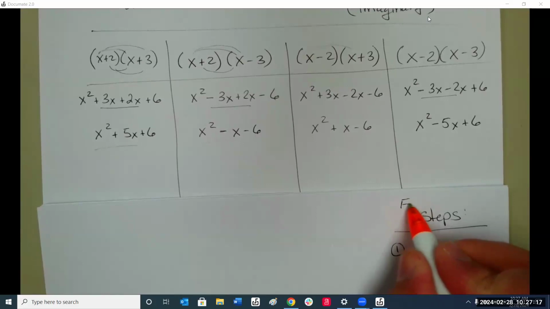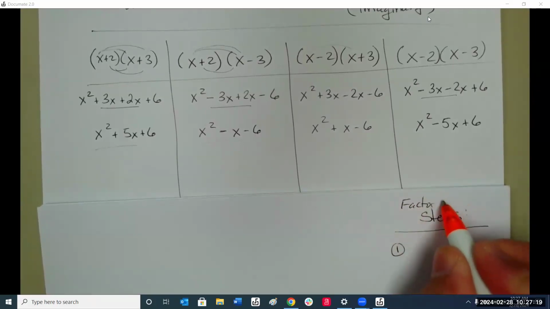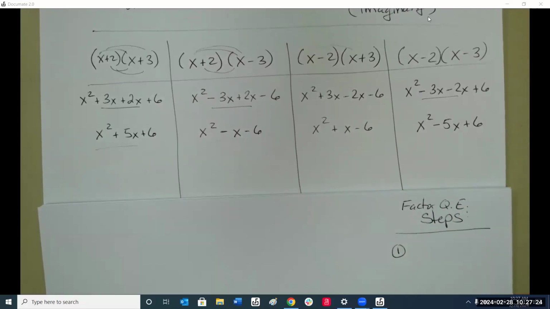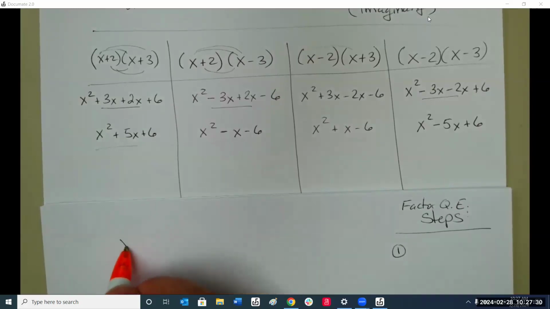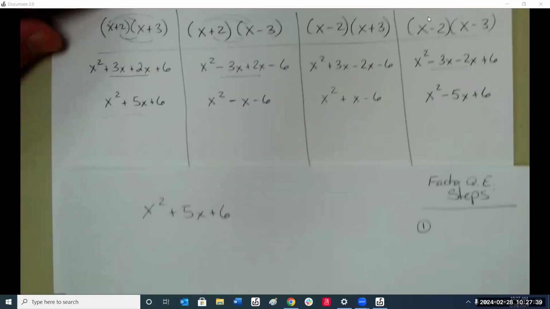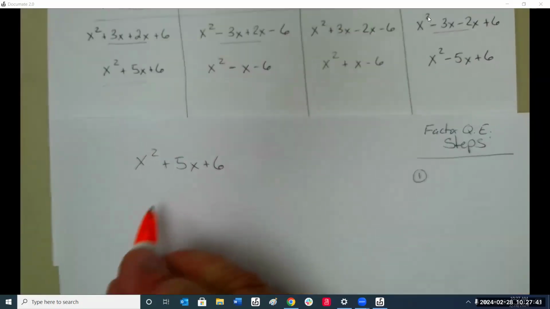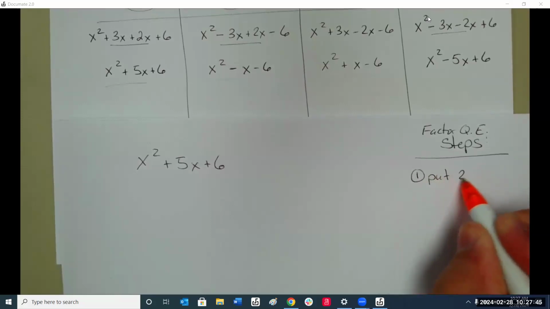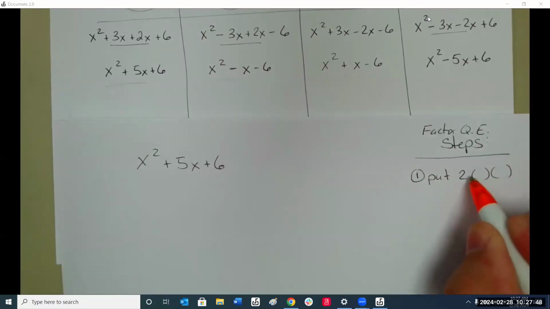We want to factor quadratic equations. Let's look at the first one. We have x squared plus 5x plus 6. Put two parentheses down.